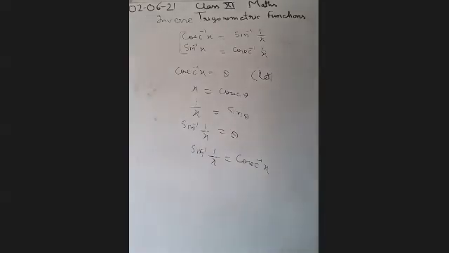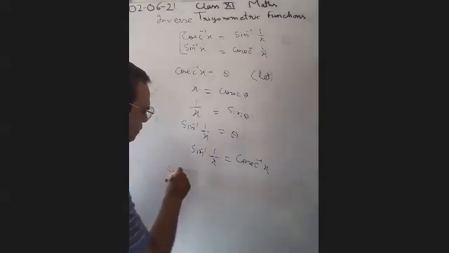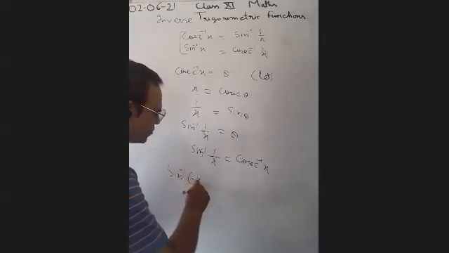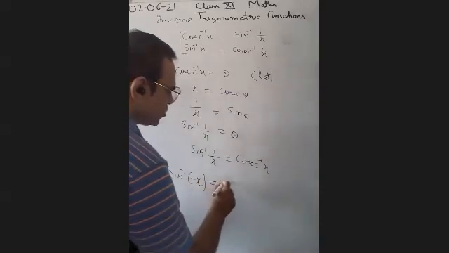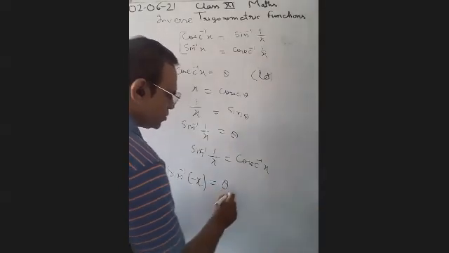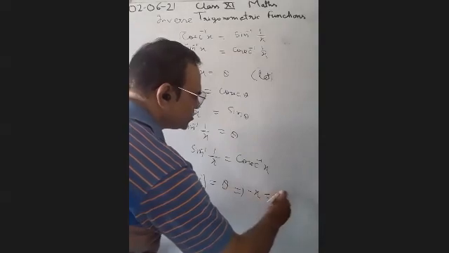We are taking the form sin inverse minus x. We want to find out the value of this one. So let it be equal to theta. So this implies minus x is equal to sin theta.